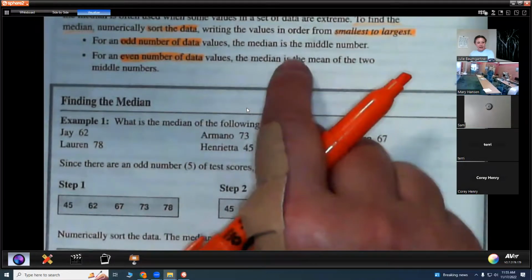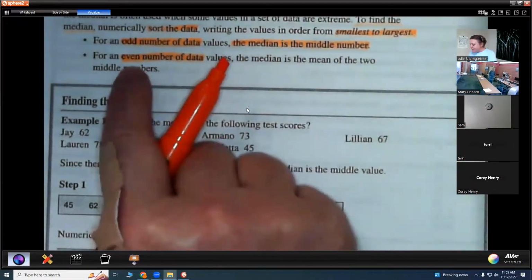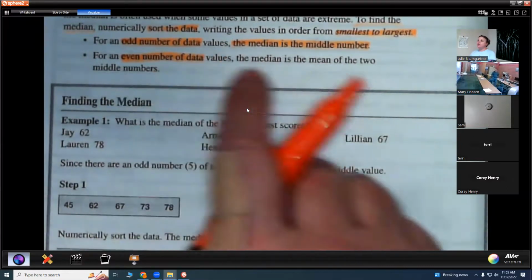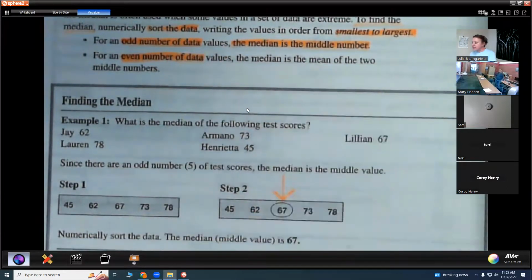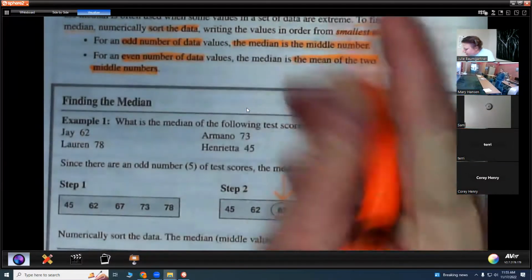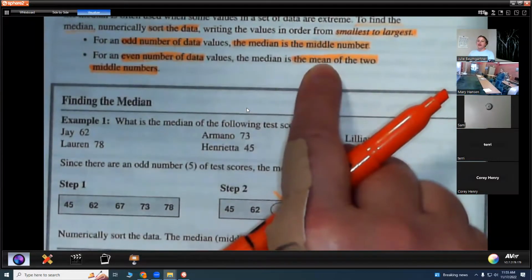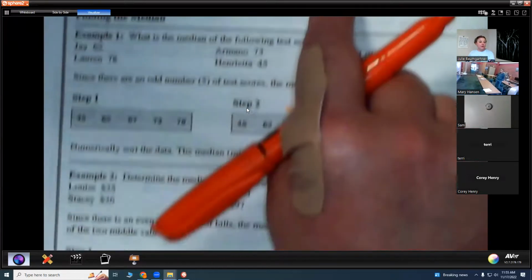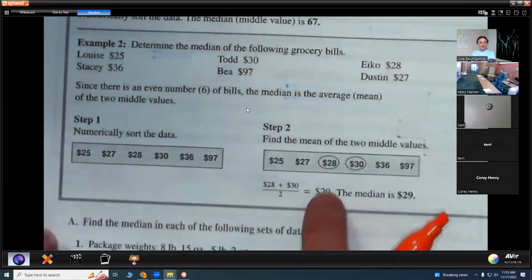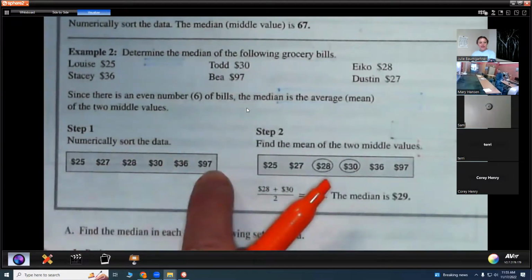But if we have an even number of data values, the median is the mean of the 2 middle numbers. So we find the 2 middle numbers, add them together and divide by 2. So we're just averaging those 2 numbers. I think you see it right here, okay? So if you have an even amount of data, you still do the same process.